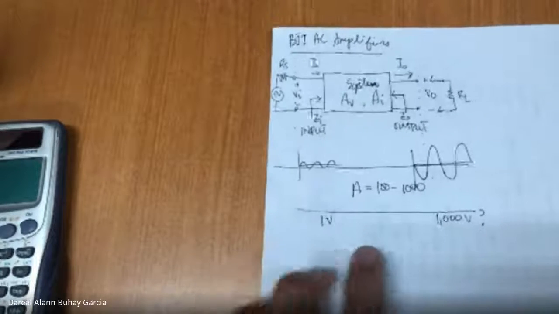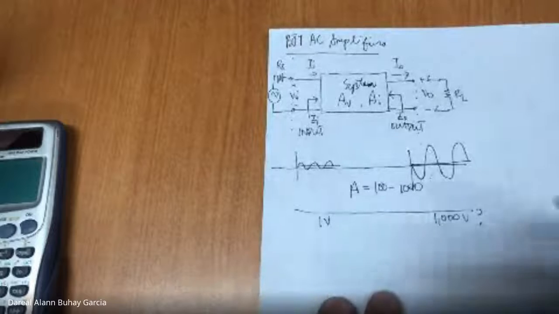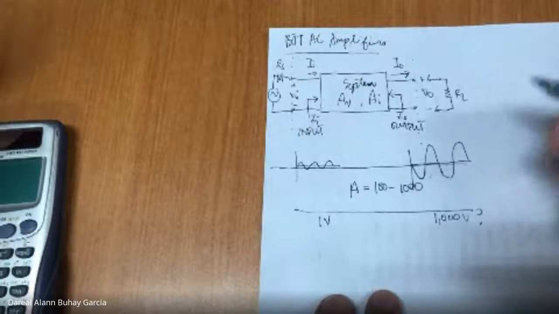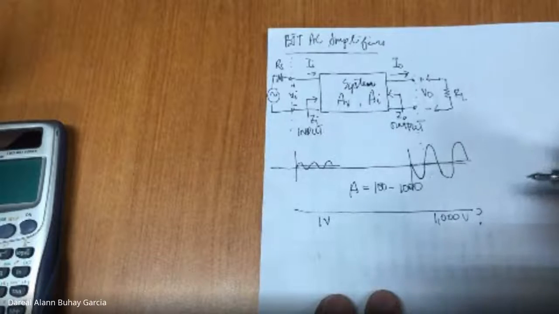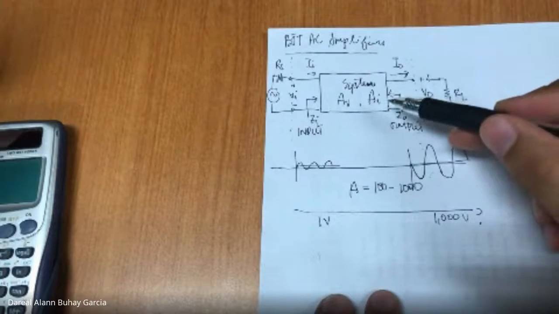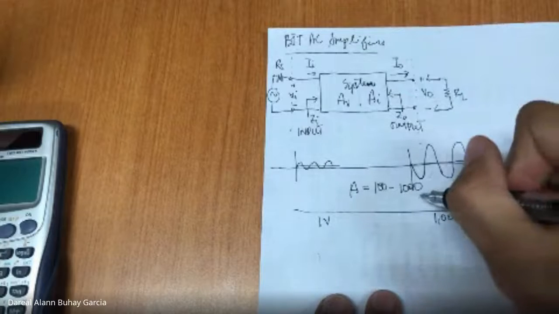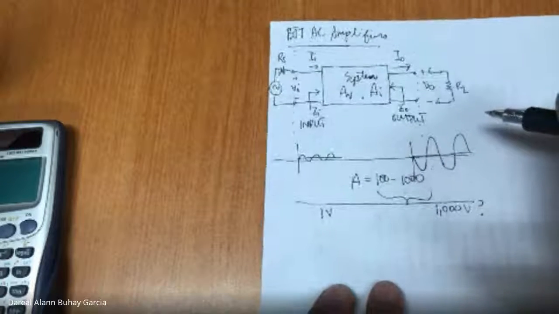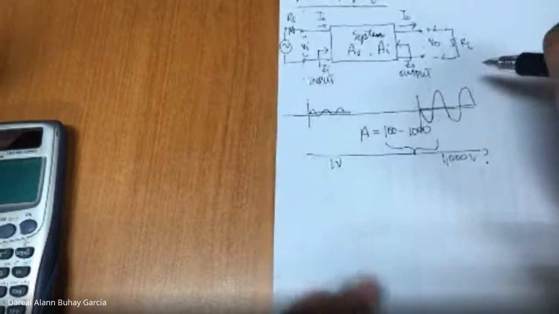Well, tinood noon. It's very real that a BJT amplifier could have gain as large as these values, 100, 1,000. Tinood na siya. Okay?